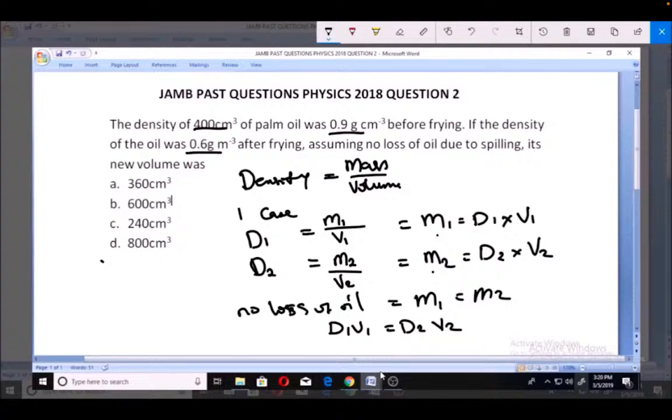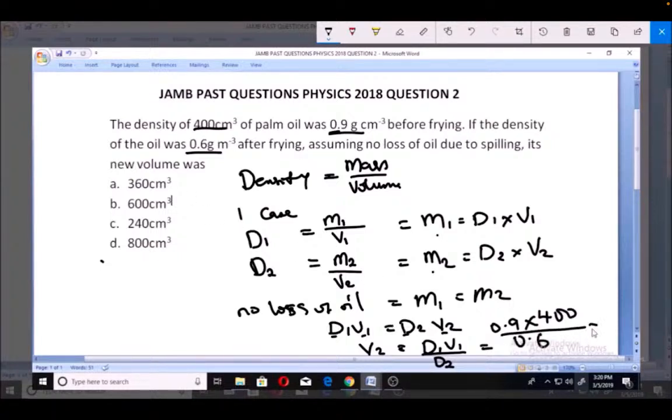Now you know what D1 is, you know what V1 is, you know what D2 is, but you don't know what V2 is. So make V2 the subject. So we have V2 equal to D1 V1 all over D2. D1 is 0.9, times V1, which is 400, all over D2, which is 0.6.